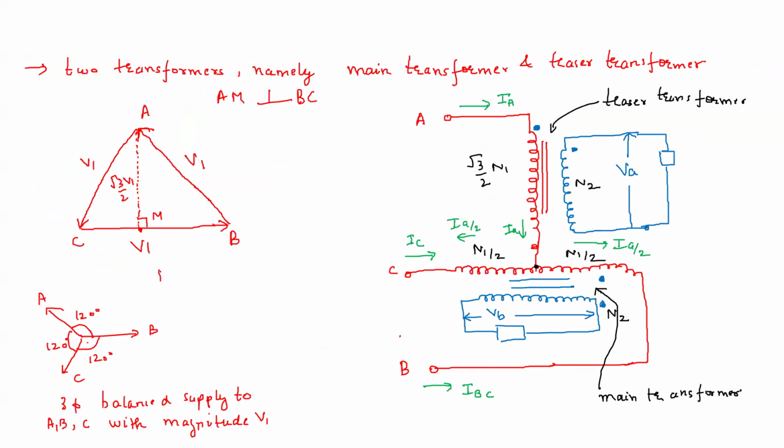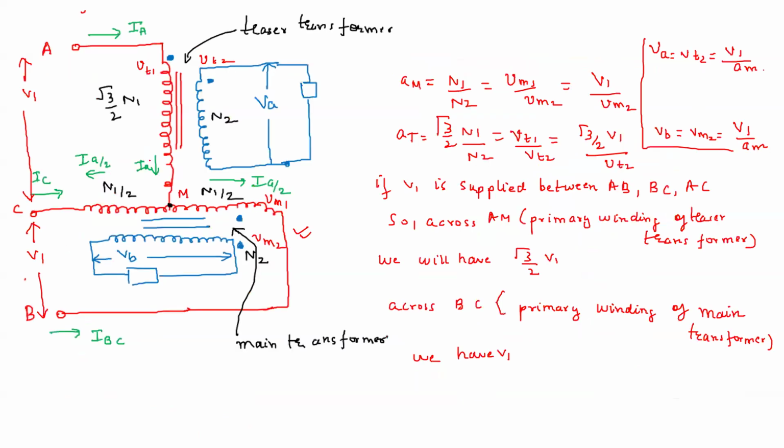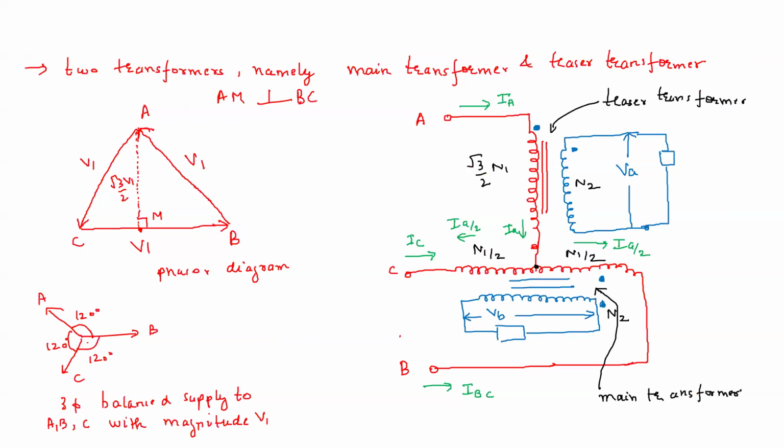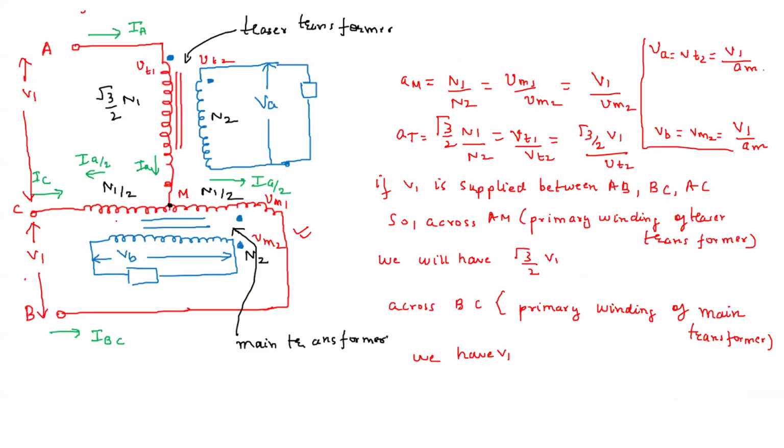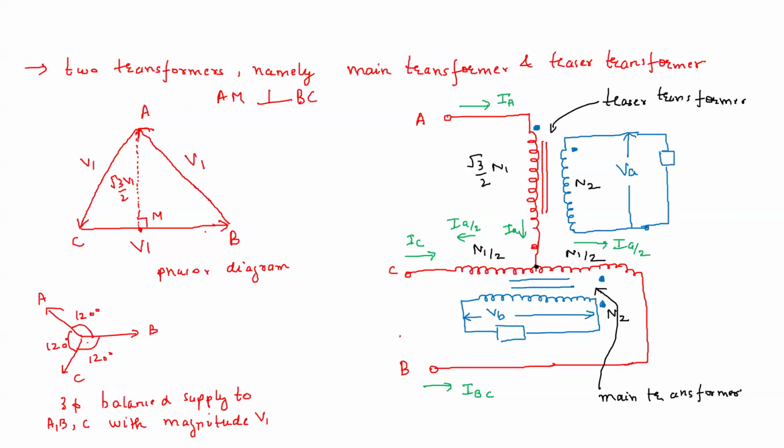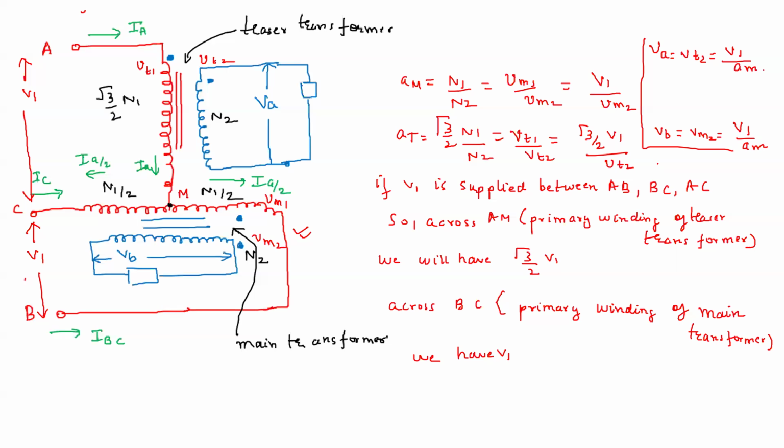From the phasor diagram we can see that the voltage VAM is 90 degrees to voltage VBC. In phase with VAM we have the secondary winding, so capital VA will also be in phase with this perpendicular branch, and VBC is in phase with the main transformer, so VB will become the base of this triangle. Like this we get the 90-degree displacement, and also the voltage magnitudes are balanced.